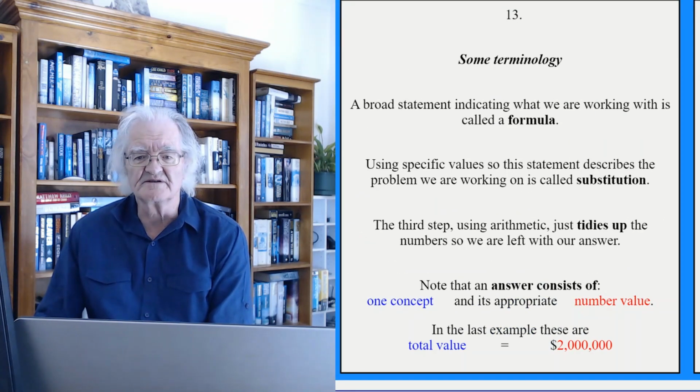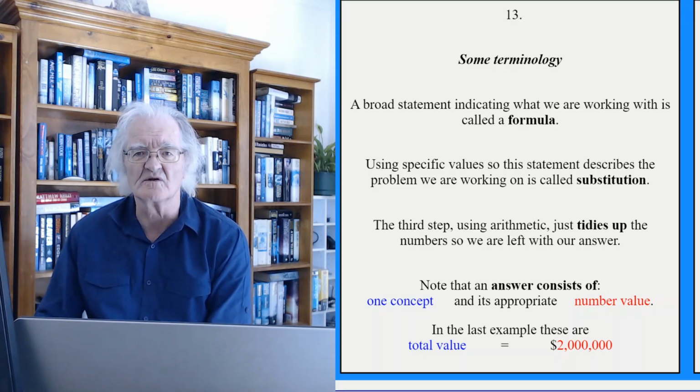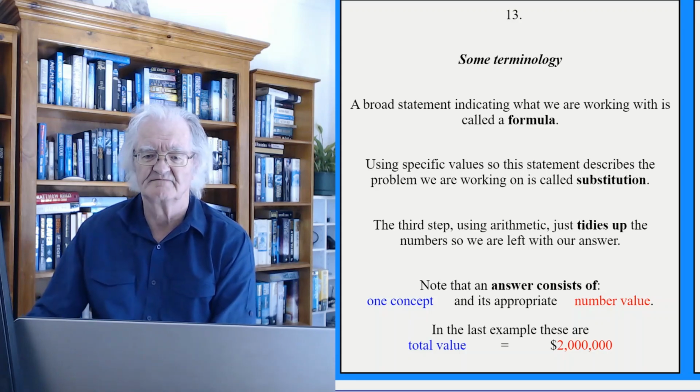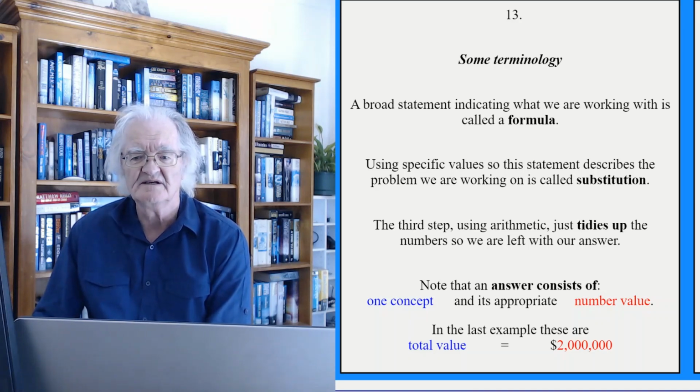Some terminology. A broad statement indicating what we are working with is called a formula. We've had other definitions in the past and they are all equally valuable. Using specific values, so this statement describes the problem we are working on, is called substitution.